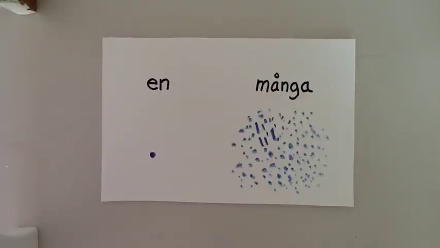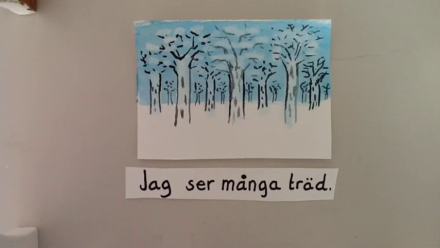And now we are going to learn how to say things in definite and indefinite form in plural as well. So then we have to speak about not one but många, many things. So now we start with the plural forms, and most of the neuter words are the same in indefinite form singular and indefinite form plural.